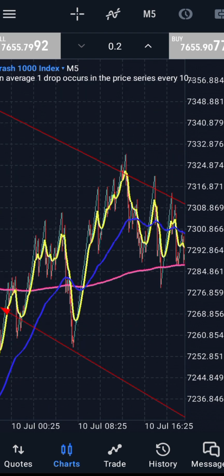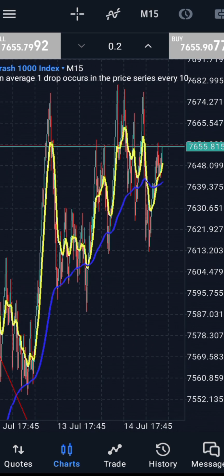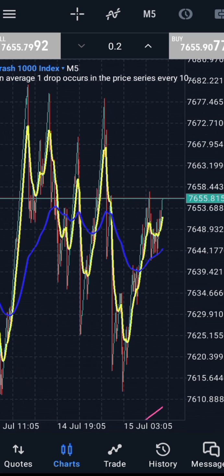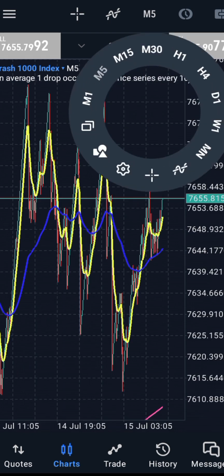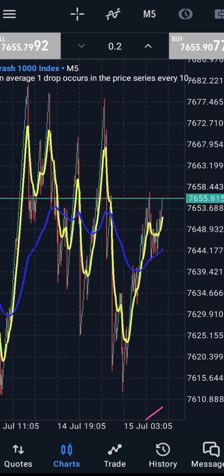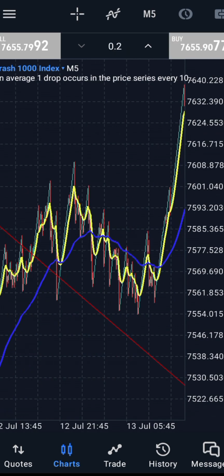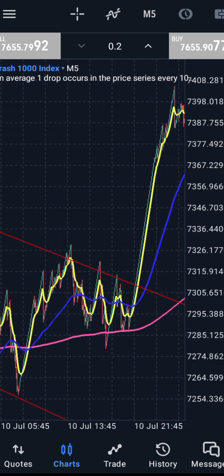Now when you come down to the lower time frame, like the 15 minutes, the 5 minutes, or the 1 minute, depending on what you love trading with, but I love using the 5 minutes in trading the asset, and the 1 minute as well to make my entry. What you have to do is, at the lower time frame, you have to see the market as well trending upward.